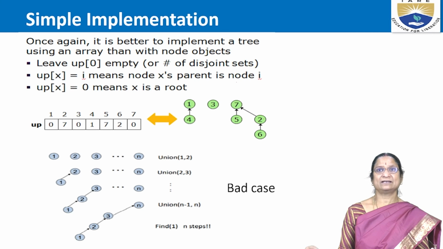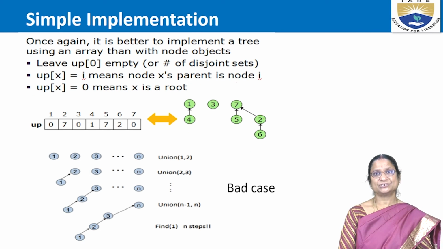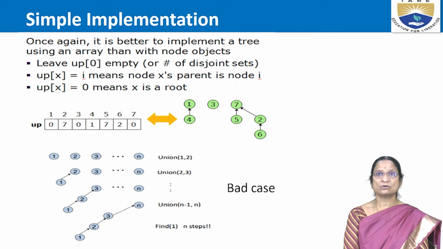So, that means if we have such union operations added randomly, sometimes there is a possibility of generation of skew trees. Because of this skew tree, what happens? It's a bad case, literally speaking. Why?